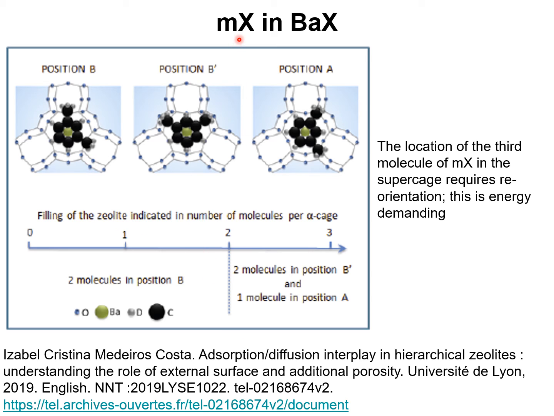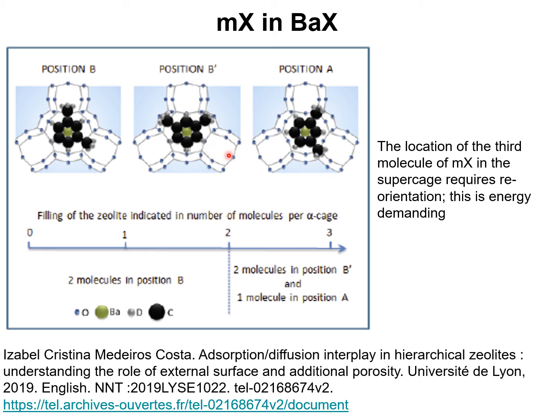Let's consider first the adsorption of metaxylene in barium X. Within a single alpha cage, the location of the first two molecules of metaxylene is relatively easy.